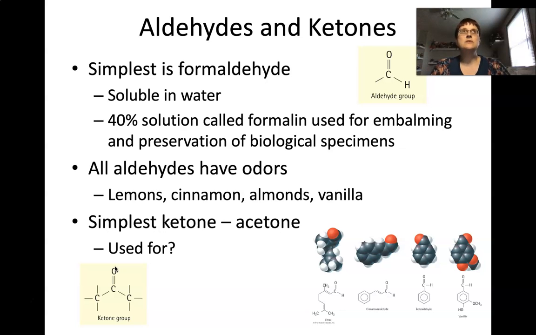And what do we use acetone for? Yeah, it's a paint remover. It's used to remove paint and nail polish. I've actually found that sometimes it works to remove Sharpie marker because it is a solvent. So it can be used to dissolve things that water wouldn't necessarily dissolve.